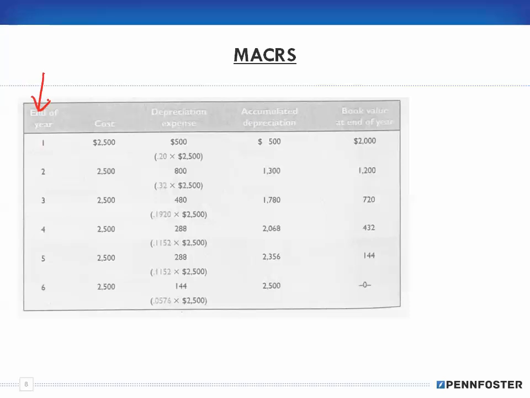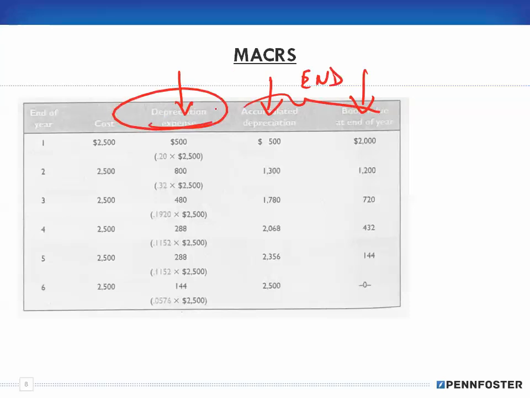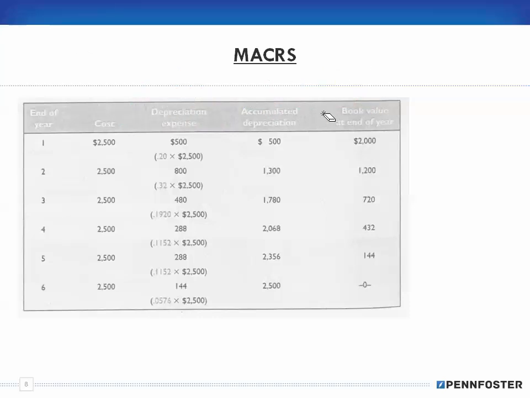And of course this is our year column, and this is our cost, and it's $2,500. Notice it's the same all the way down, so you keep that all the same. And then of course we have to do our calculation for our depreciation expense. And we have an accumulated depreciation and a book value for the end of the year, just like we had for straight line, units of production, and the declining balance. We have these columns for the end of the year, right? So the real gist is in calculating the depreciation for each and every year.